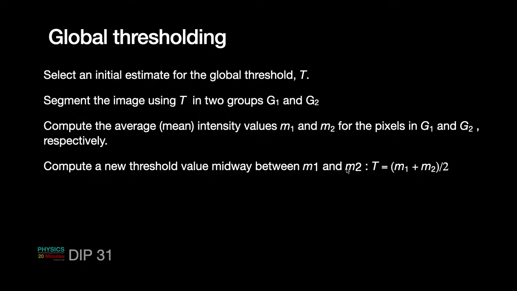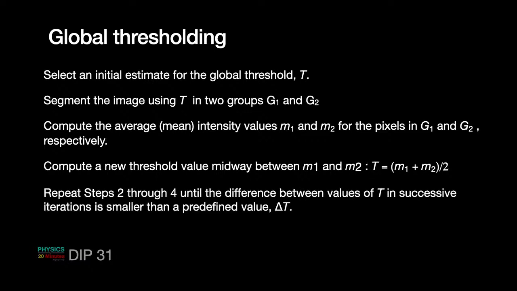That average will be your new threshold value. Then using that new threshold value, you segment the image into two groups once again. Again calculate two means, again calculate a new threshold, and keep doing it in a cyclic manner.